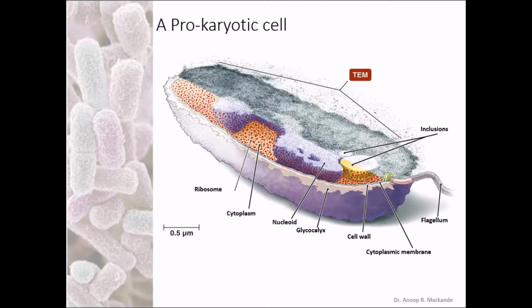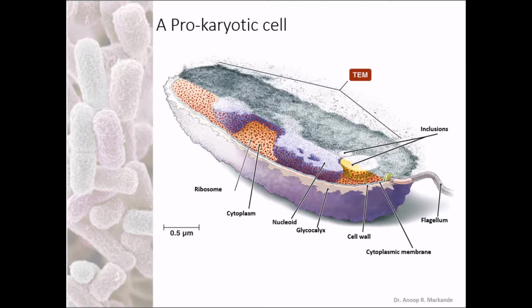This is a basic or essential cell. When the same thing is studied with respect to a prokaryotic cell, in this image you can see the TEM, transmission electron micrograph, which shows the actual bacterial cell structure.